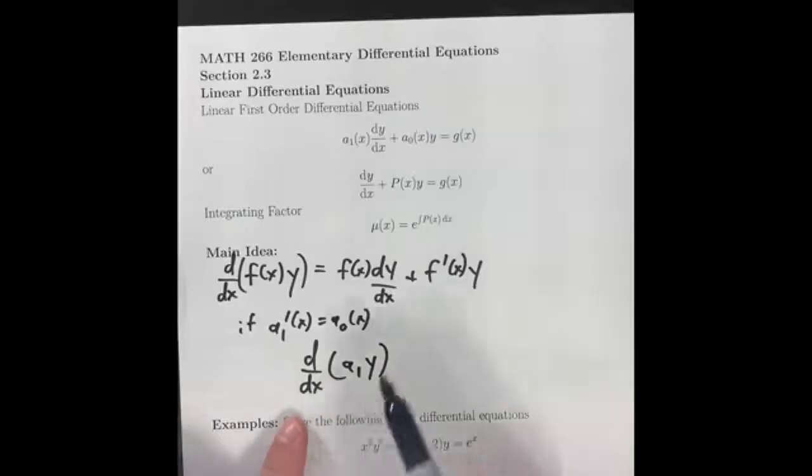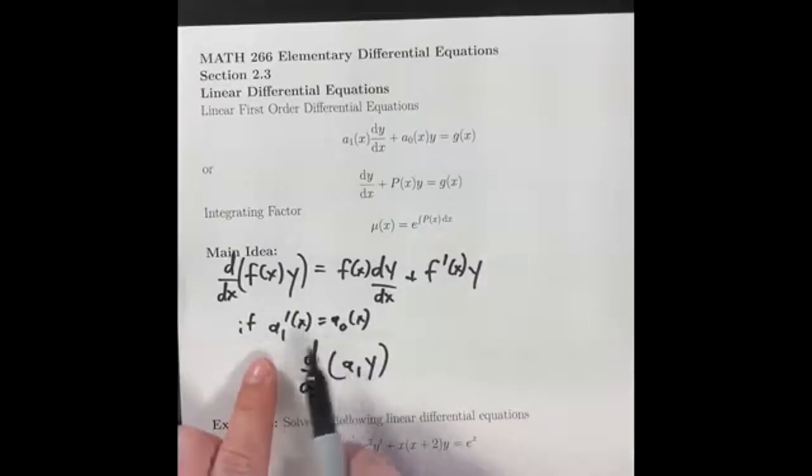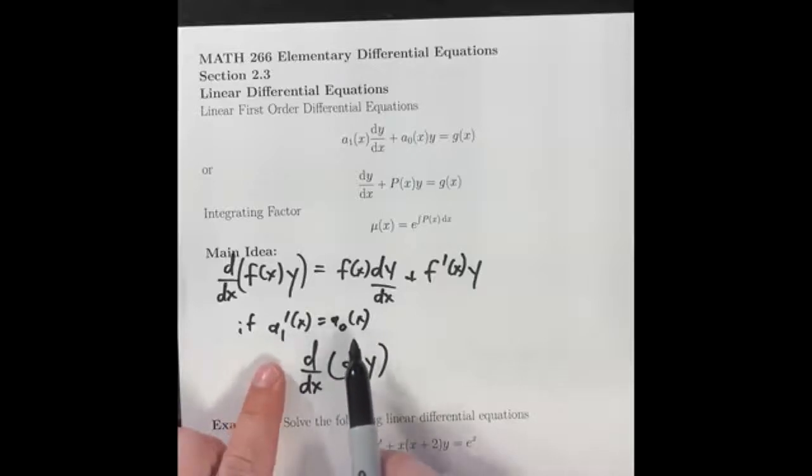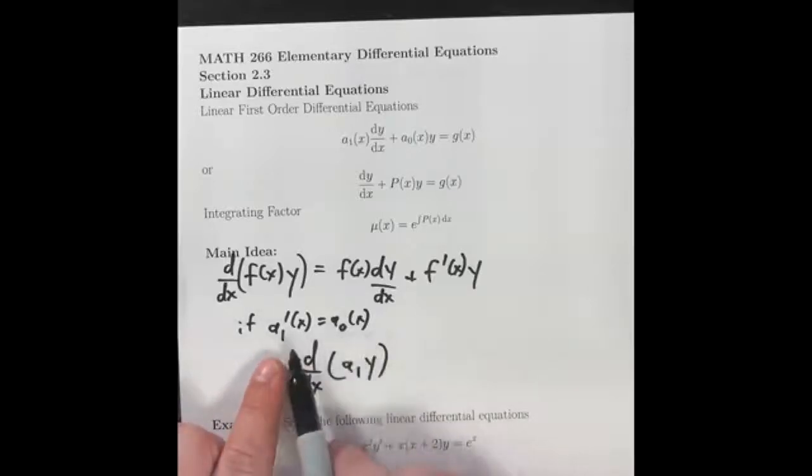The problem is, this is not generally the case. The derivative of a1 normally isn't a0; that's just not normally how it works out. So we want to get it so that this is true.